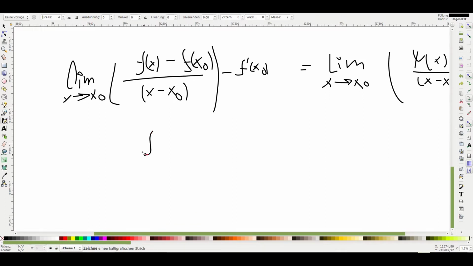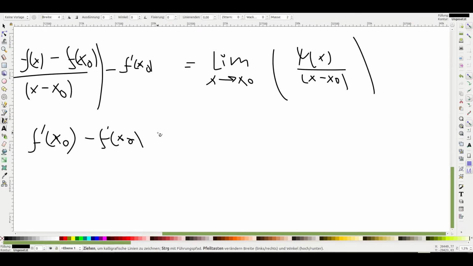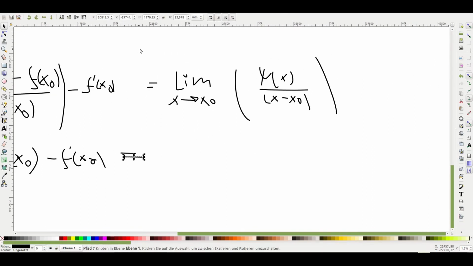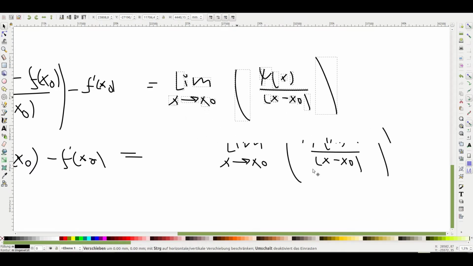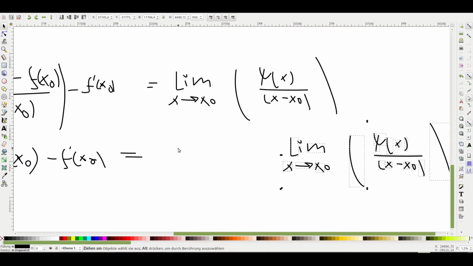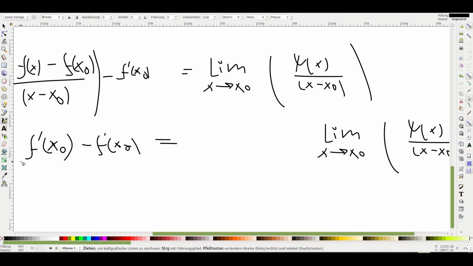So what we are left with is the first derivative of f at x0 minus the first derivative of f at x0 is equal to this limit here, but that's just the same subtracted from the same, which is 0.